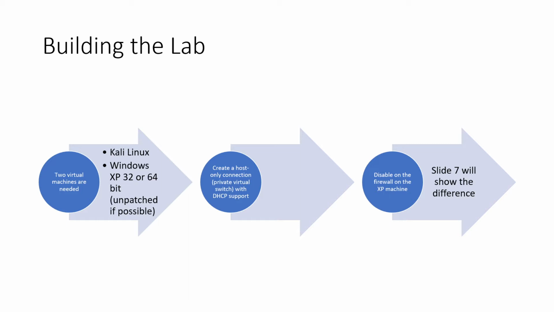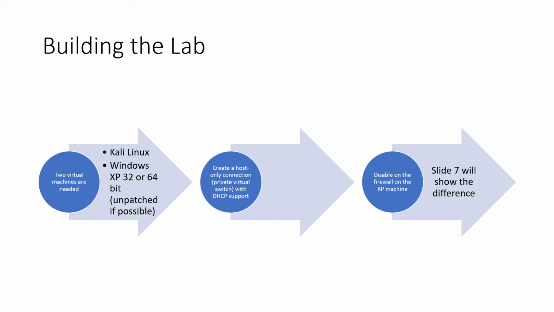In order to make it as easy as possible for you to have success, keep those instances unpatched if possible. What you will see on my version of Windows XP is I've turned Windows Update off. I've taken off anything that could possibly hinder the process and disabled that, including the firewall.